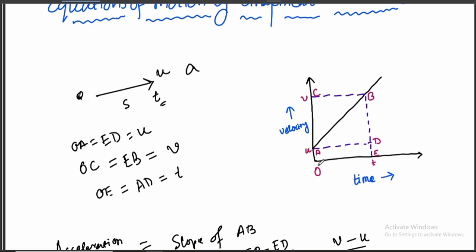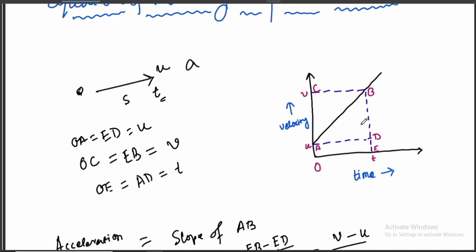This is a trapezium, right? Then we can break the trapezium into a triangle and a rectangle. So area of rectangle OADE plus area of triangle ADB. Let's do this.